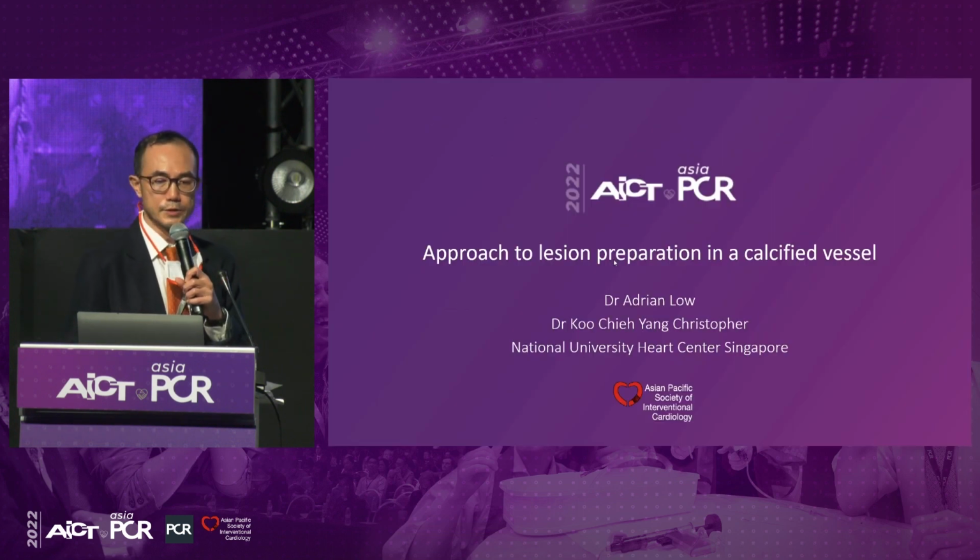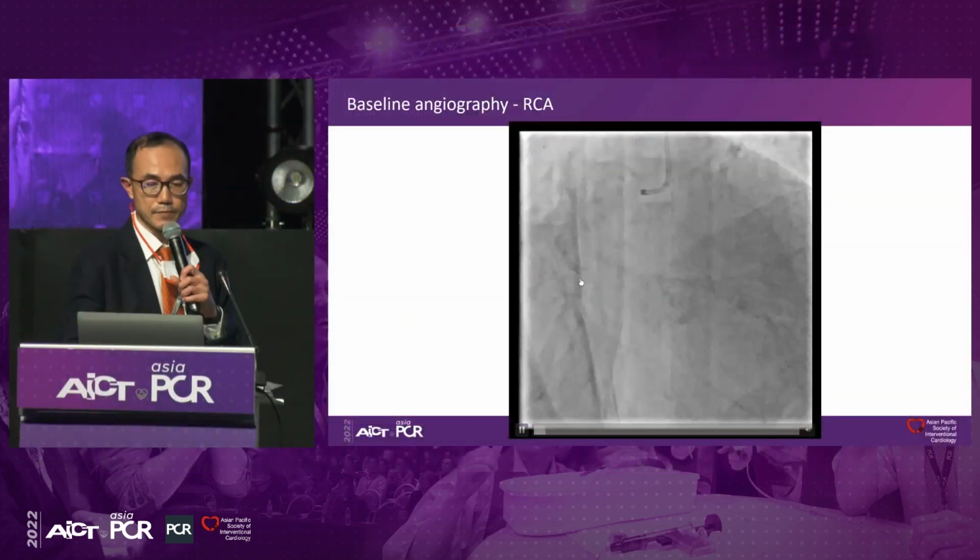One of the concerns with intravascular lithotripsy is how you should apply the pulses. It's important for people who are starting to use it that the balloon has to be opposed against the vessel.